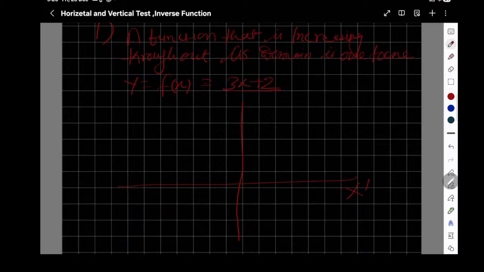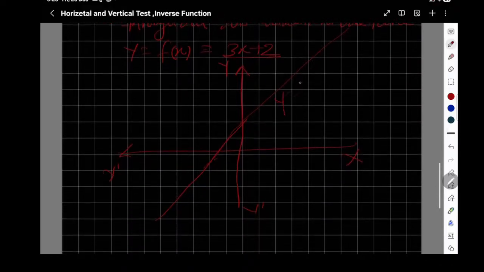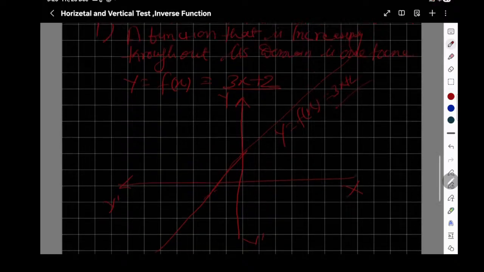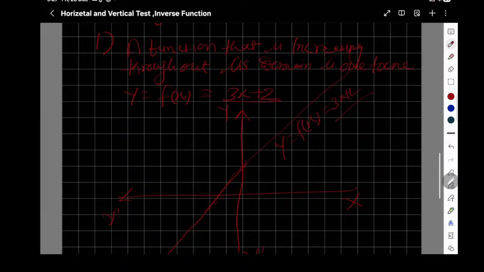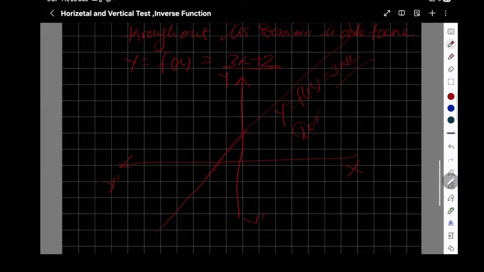On the axes x, x dash, y and y dash, the line passes through y = 2 where x = 0, and looks like this. This is y = f(x) = 3x + 2 graphically, and it is increasing throughout its domain, which is all real values.